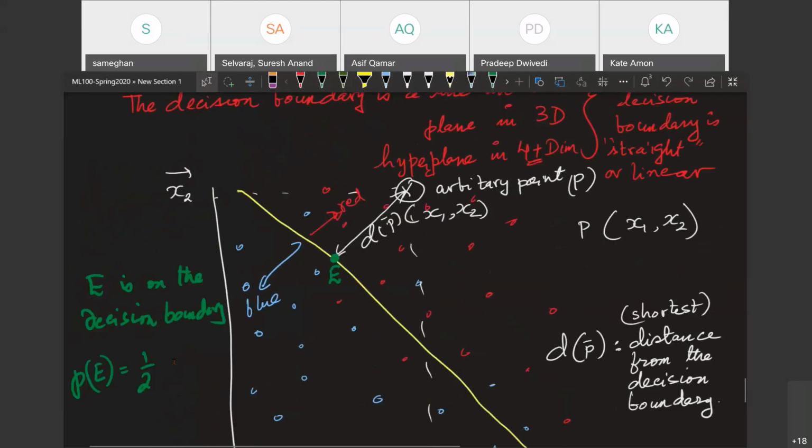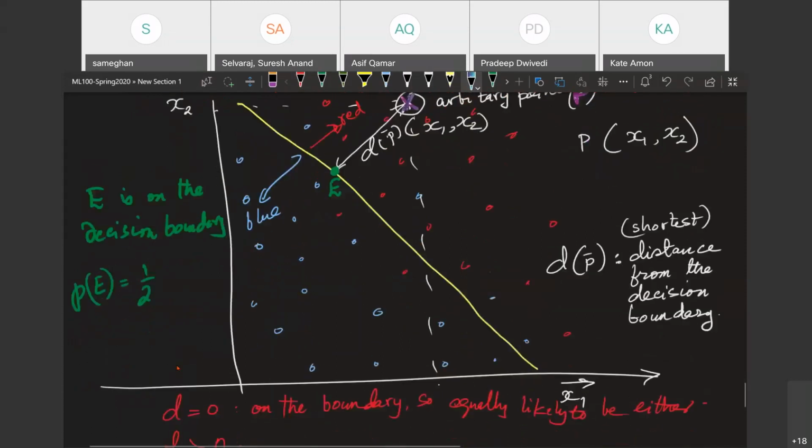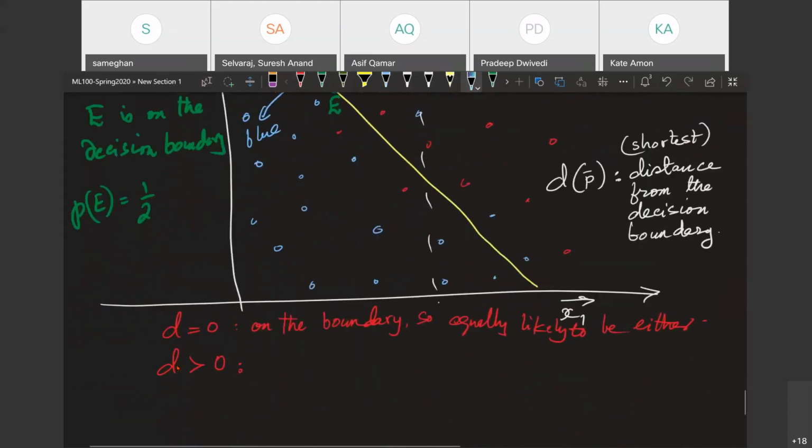If D is greater than 0, if you are somewhere here, like for example, for the point P, let us say point P. What can you say about point P? Is it more likely to be a red berry or a blueberry? You would agree that D greater than 0 is more likely to be a red berry.